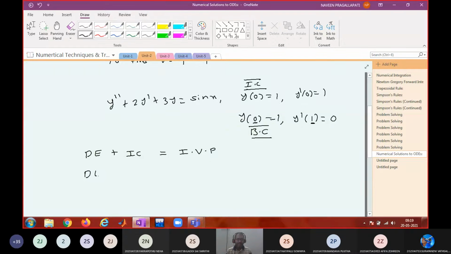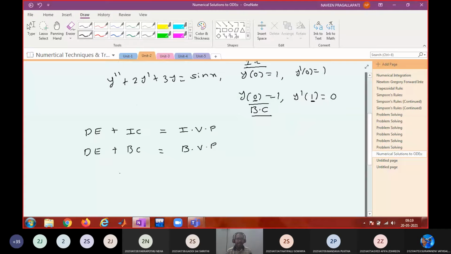Whereas if I am specifying the differential equation with boundary conditions, this is called a boundary value problem, in short BVP. Sometimes the differential equation may be together with initial conditions as well as boundary conditions. In that case, we will call it IBVP, that means initial boundary value problem.